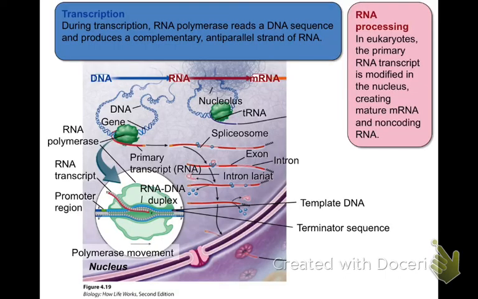So this is an overall summative thing. Transcription. You need to be able to describe this to someone. Transcription starts with DNA, and let's stick with eukaryotic cells. When the appropriate environmental conditions are there, then you get these transcription factors that come in and bind to specific sites.